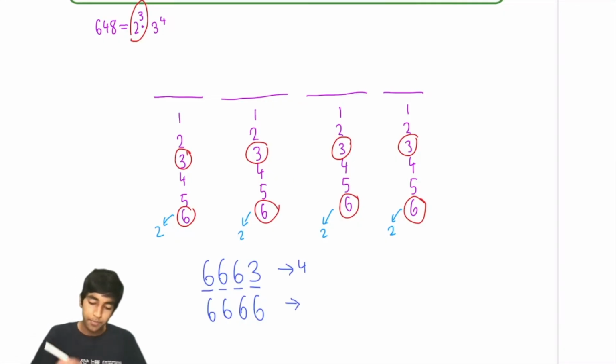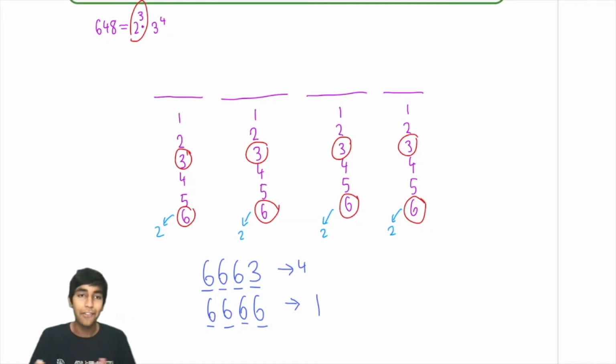What about 4 6s? There's only one way to have 4 6s in a line. So 4 and 1. Okay, there's a total of 5 cases, as you can see here, that give a product that is a multiple of 648.